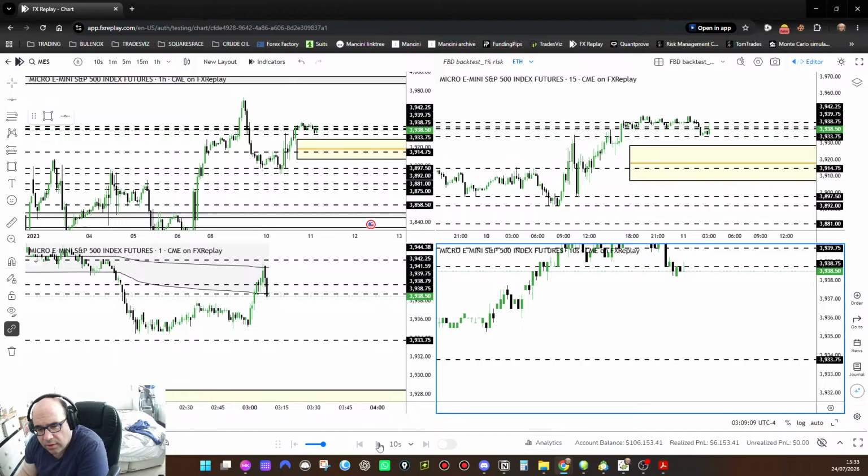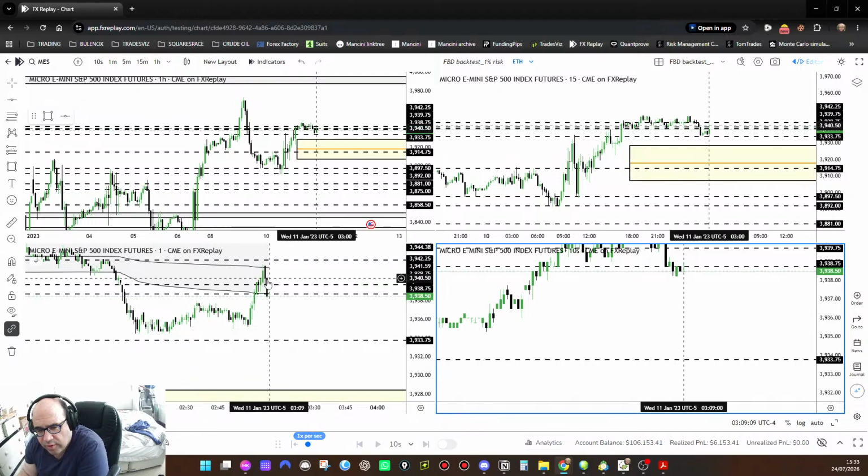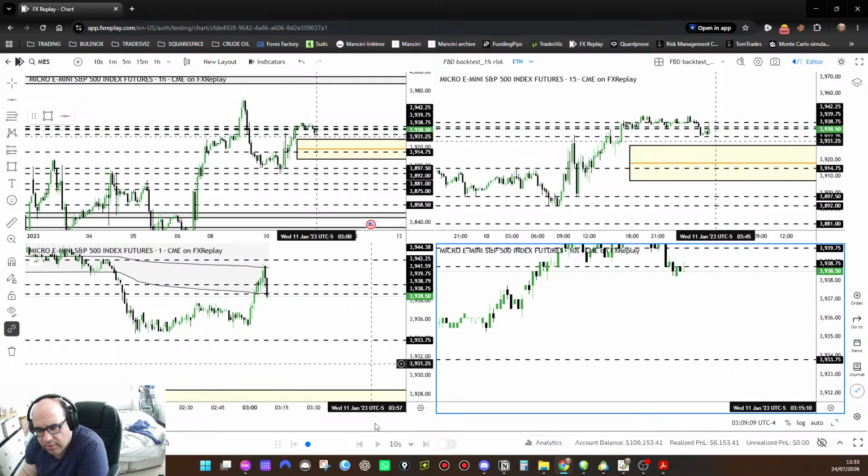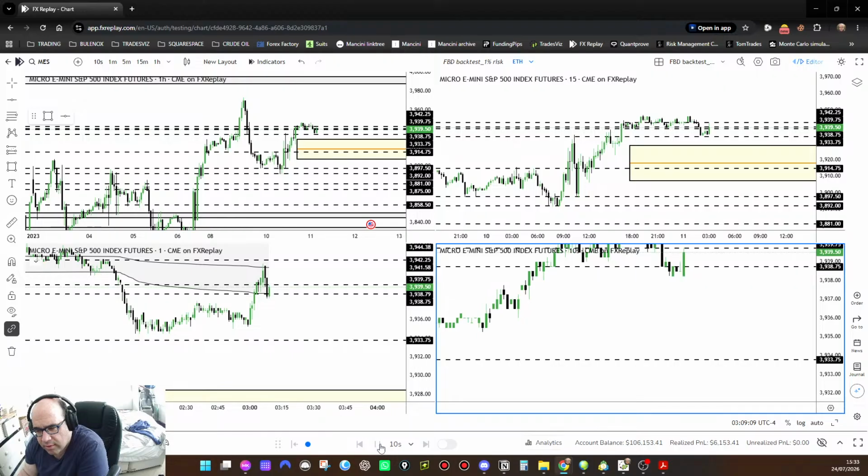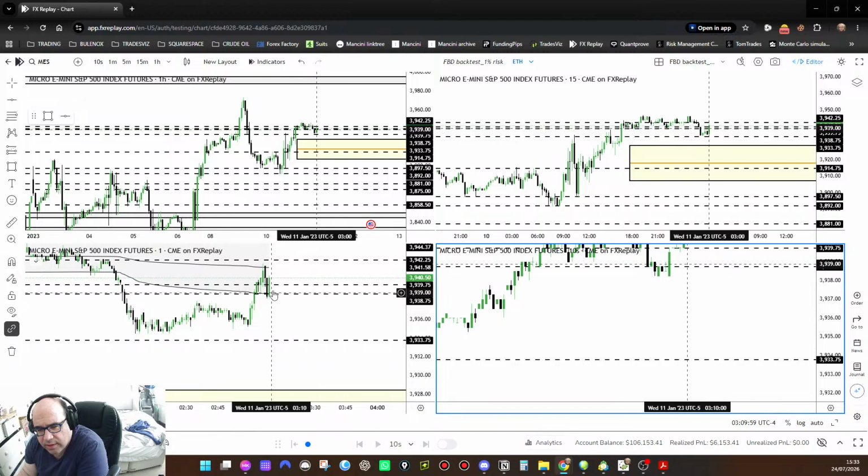Okay, so I'm just gonna take it slow now because we had a failed breakdown. Now we're just retesting this zone, and if we break above, we're gonna take the long. Yes, I saw what I needed.